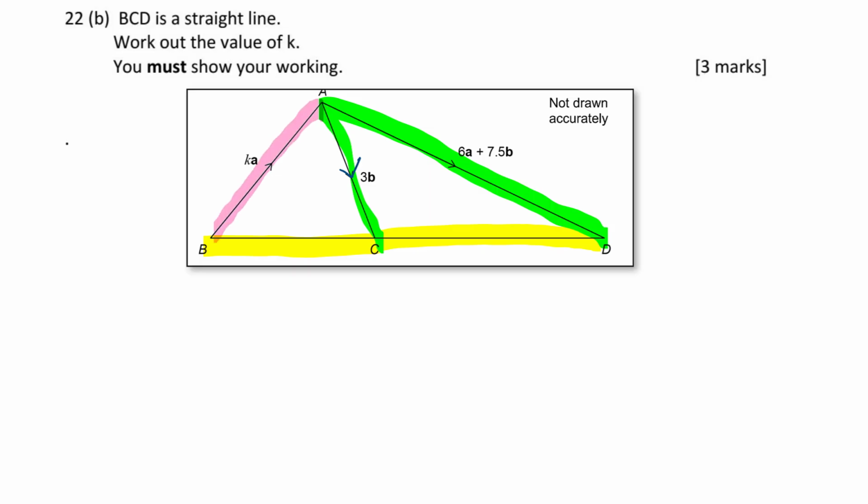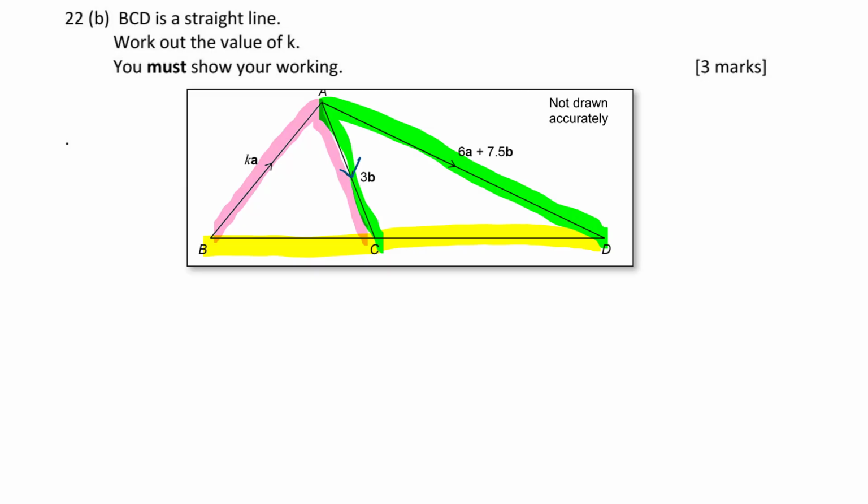Now we're told that BCD is a straight line. We've already found the vector CD. Now we can find the vector BC using the vector ka plus my 3b there. And because B, C, D are three collinear points, or they're in a straight line, then the vector CD is going to be some multiple of the vector BC, isn't it? Because they're both going in the same direction.